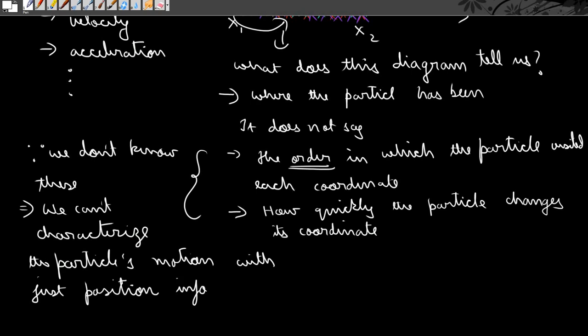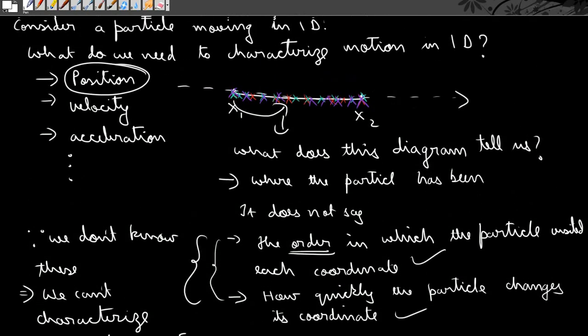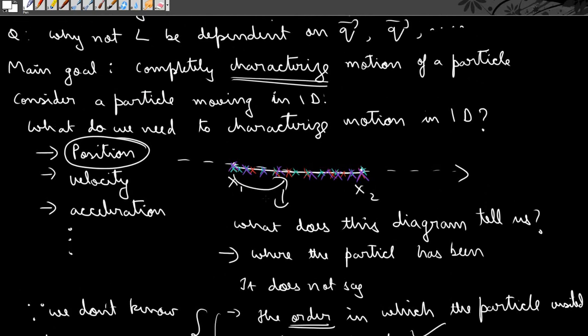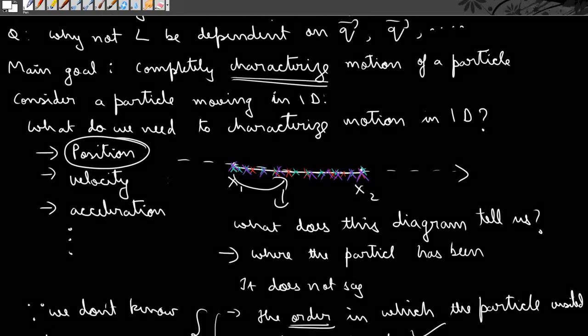Why? Because we do not know these things. To characterize completely the motion of the particle, we need to know these things, and this information is not provided by just knowing the position of the particle.